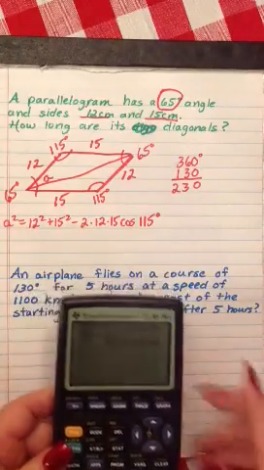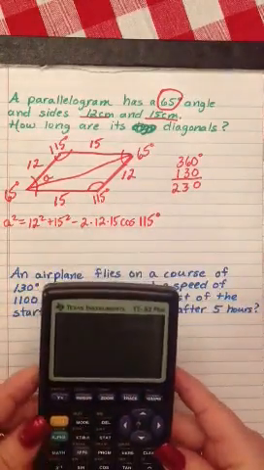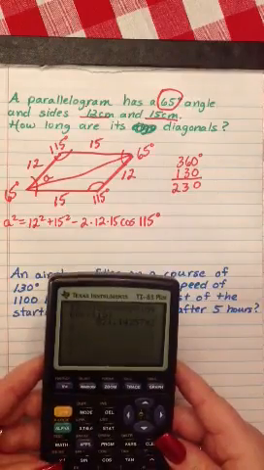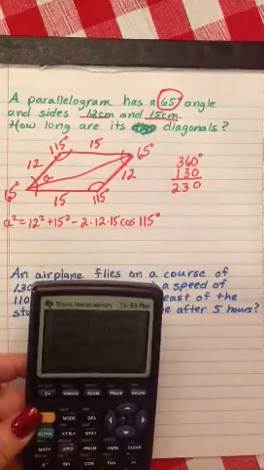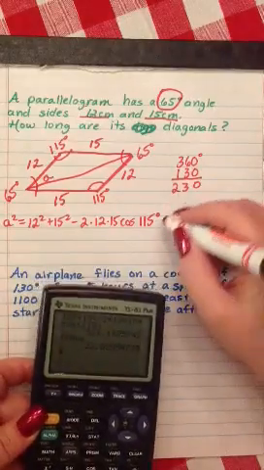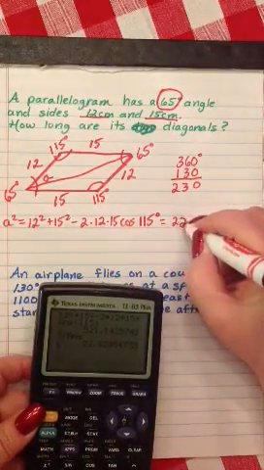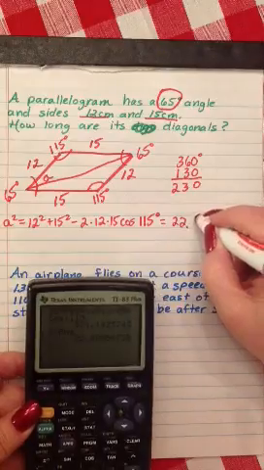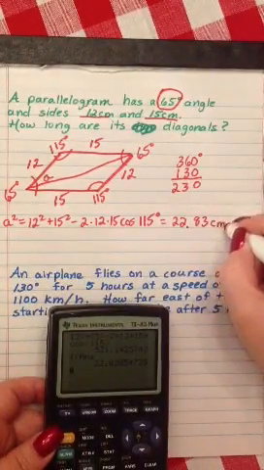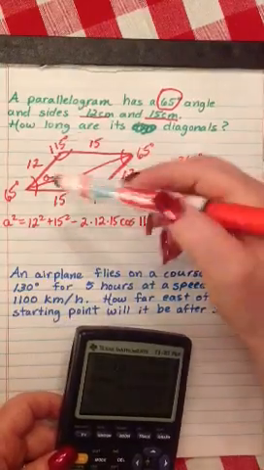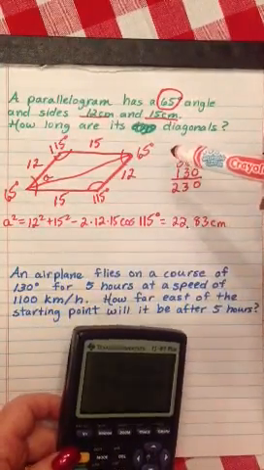And I hit enter. Now notice that's a squared, so I need to take the square root of it. So I go second square root, second answer. And it says my answer should be about 0.83, I guess this would be centimeters. Okay, so that's how long the longest diagonal is.